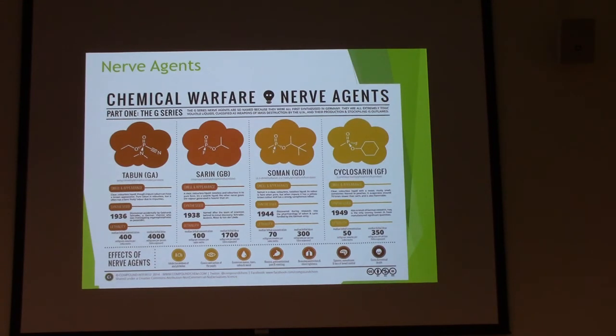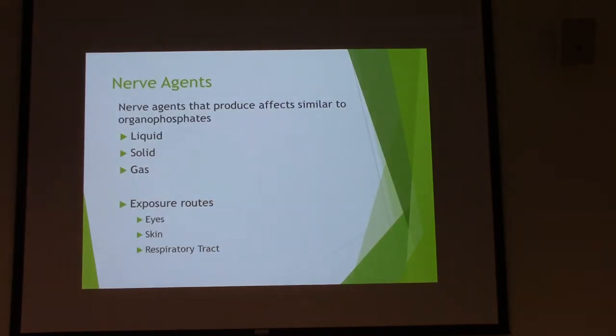Some of the nerve agents, chemical warfare, the effects of the nerve agent can affect many different things, and it really depends. They're very similar to the organophosphates. And that's why we use the atropine and the 2-PAM as part of our DuoDote for these. Most exposure routes are going to be the eyes, the skin, and the respiratory tract.